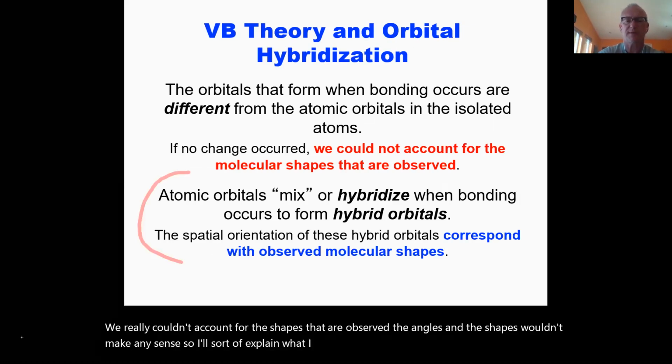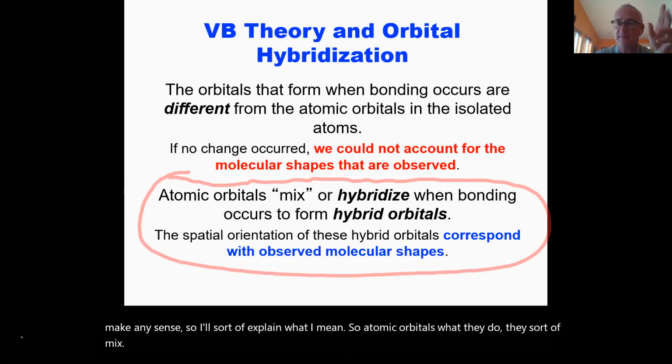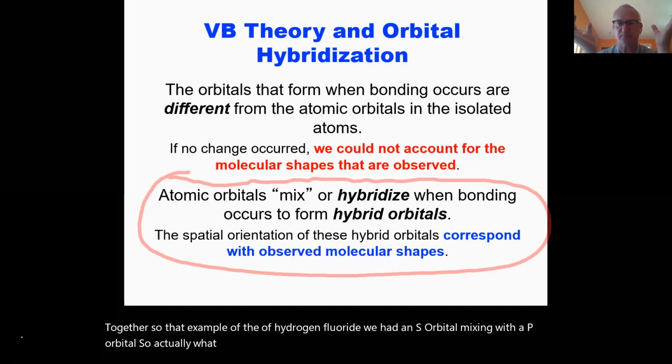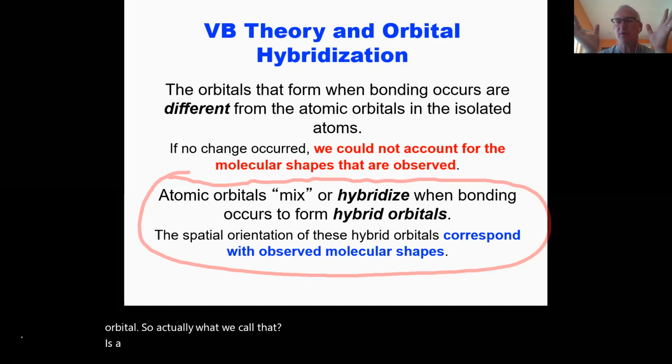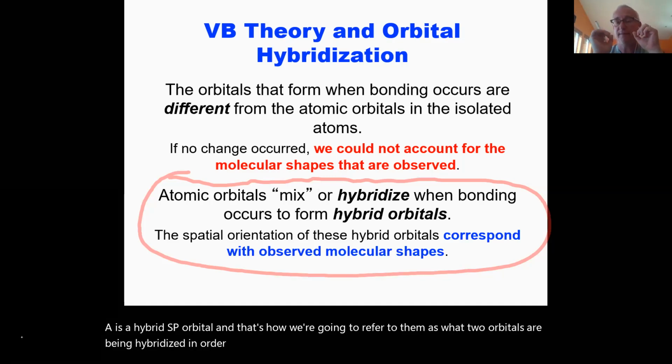Atomic orbitals sort of mix together. So for that example of hydrogen fluoride, we had an s orbital mixing with a p orbital. What we call that is a hybrid sp orbital, and that's how we're going to refer to them, as what two orbitals are being hybridized in order to make this new shape.